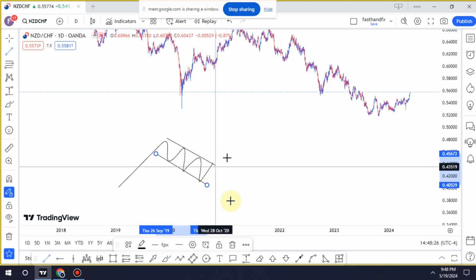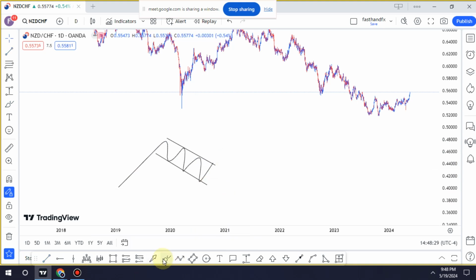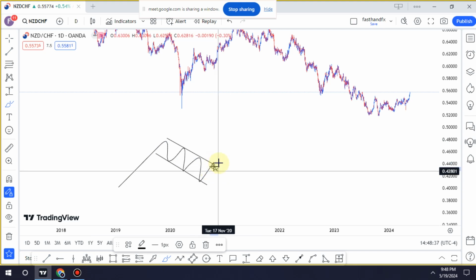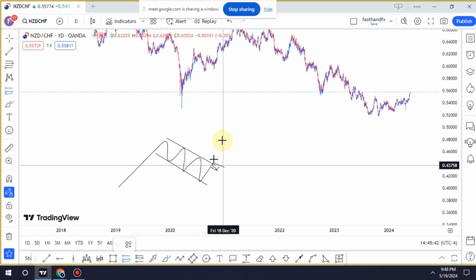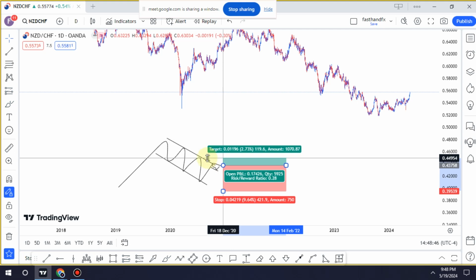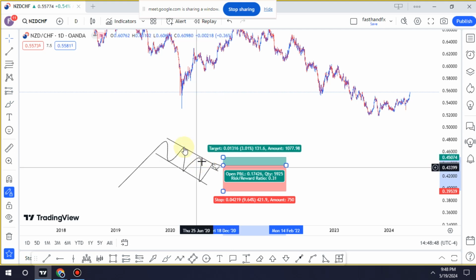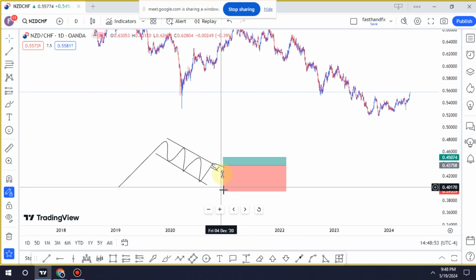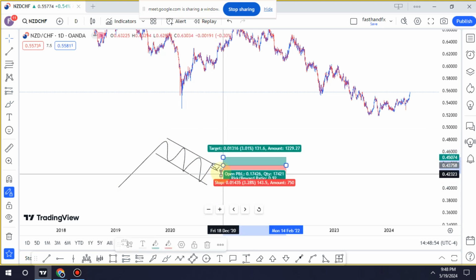Now, for you to take your entry, make sure that price gives a mini version of a continuation pattern, a mini version of a bullish flag, something like this. That's when you take your entry, only if it breaks. Then of course your first TP has to be the immediate high right here, second TP right here, and of course final right there. Remember, of course, your stop loss has to be below that flag.